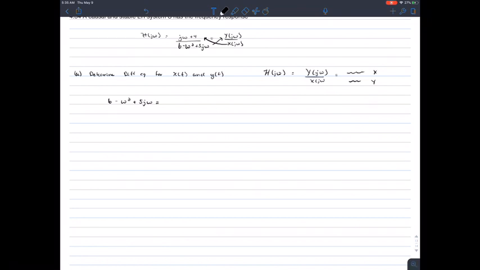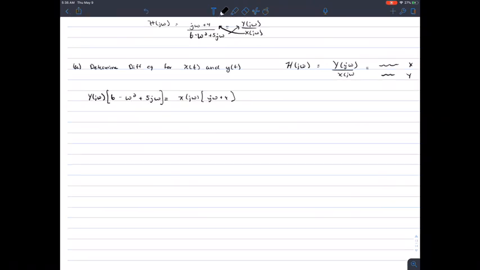Okay? So this is Y of j omega times all that, and that's going to be equal to X of j omega times all this. Alright. So, seeing the differential equation is getting pretty easy here now, okay?